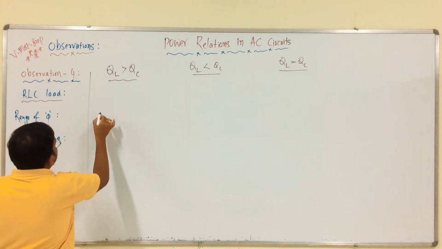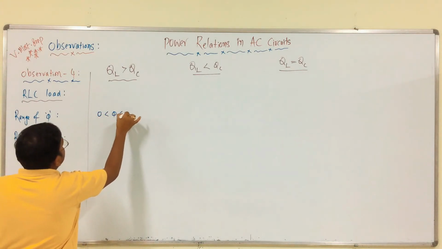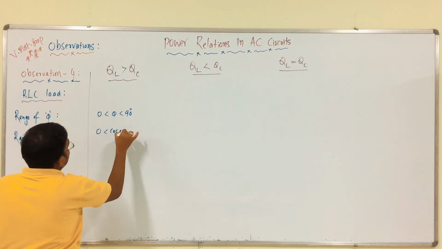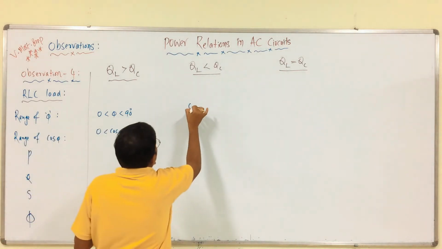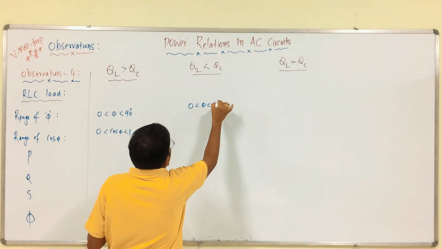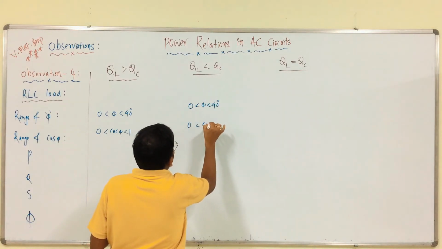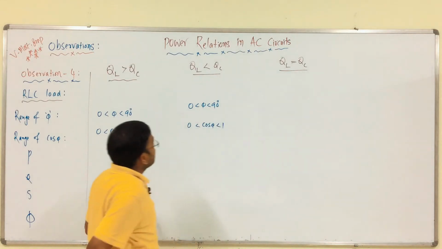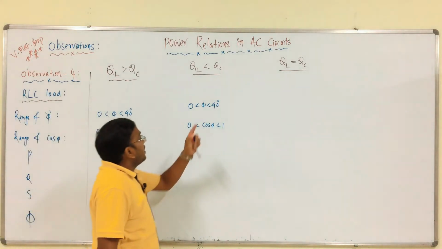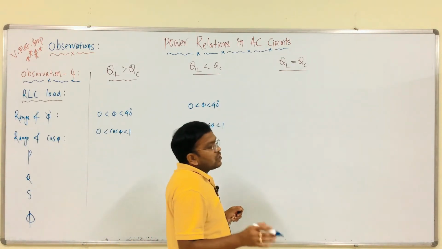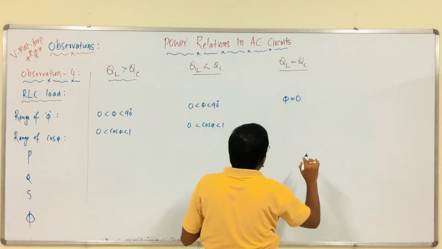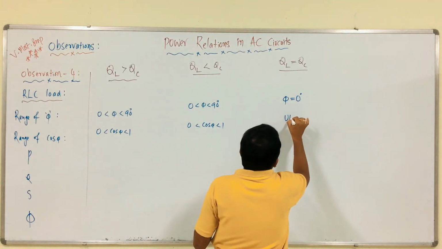So, range of phi is always 0 to less than 90 degrees. Range of power factor should be 1, cos phi 1. Here coming to this case, if inductive reactive power is equal to capacitive reactive power, in this case the phase angle should be equal to 0, and the power factor is what?